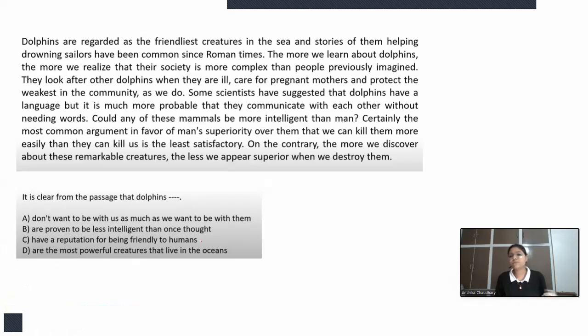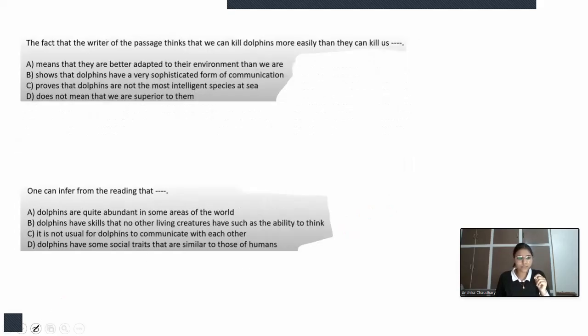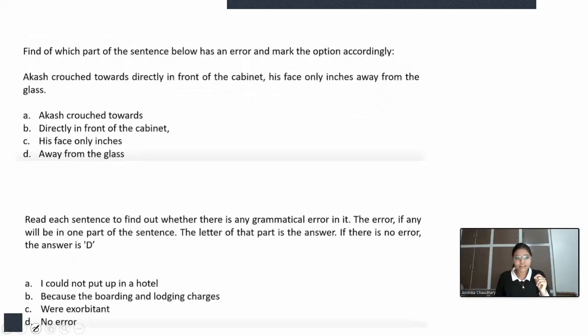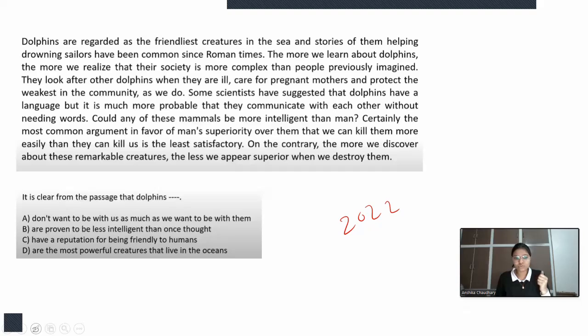So first of all, we will be solving the reading comprehension, and I have taken the reading comprehension from 2022, right? It was asked in the slot 2 exam in the month of August, I guess, right? So this was the paragraph asked, and then we have taken some questions as well. We will be solving, and I would highly recommend you to pause the video and start solving the questions.